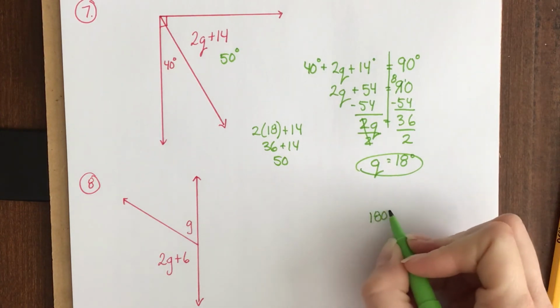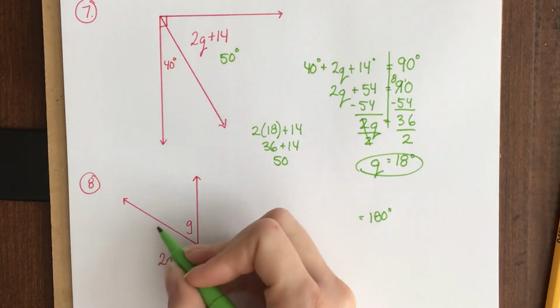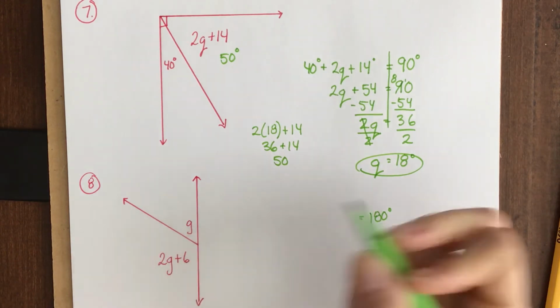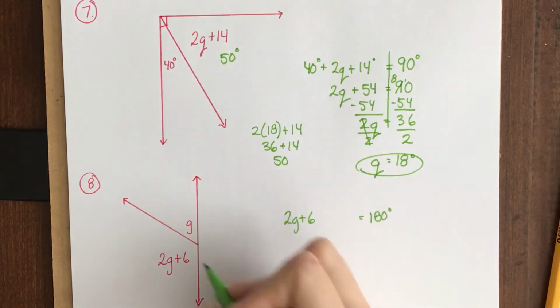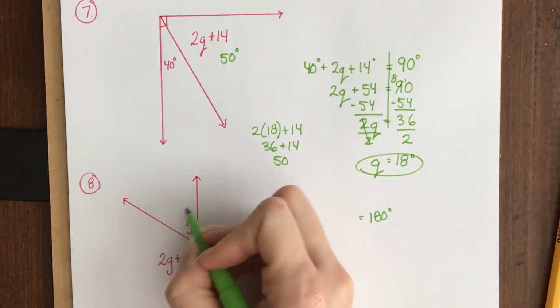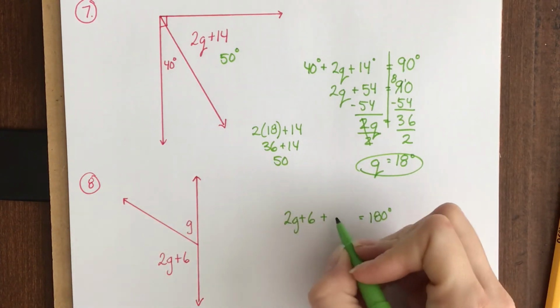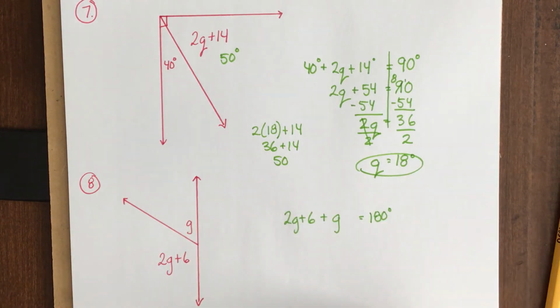We know that the total of those two angles is going to be 180 degrees. So this first angle right here is 2 times g plus 6. So the measure of this angle plus the measure of this angle. Well, this angle right here is g. So I'm going to add g. So we have this angle plus this angle is equal to 180 degrees.